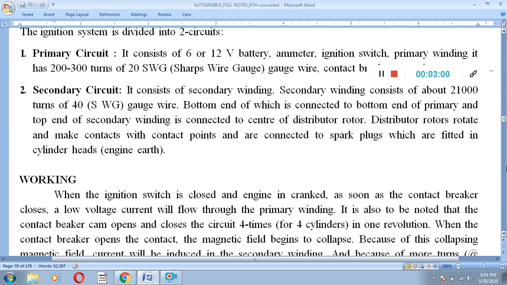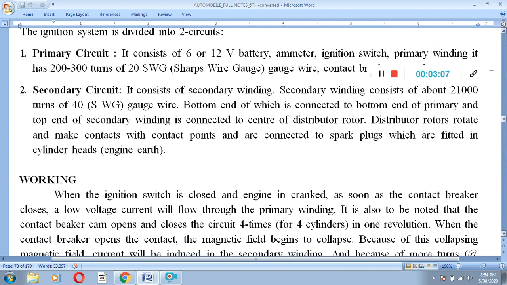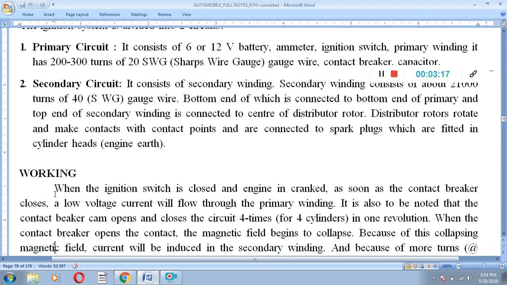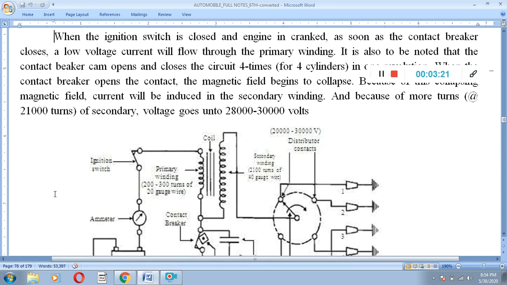So how it works, I will explain now. The working: when the ignition switch is closed, the engine is cranked. As soon as the contact breaker closes, the low voltage current will flow through the primary winding.